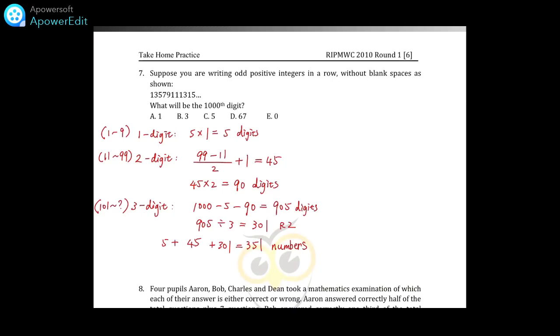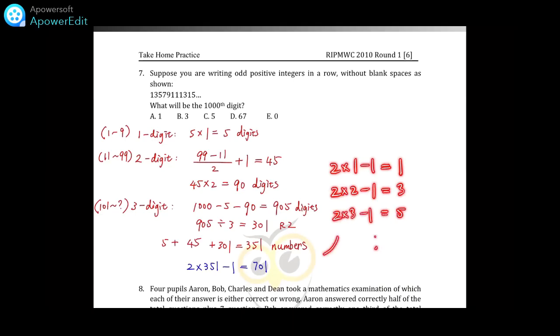So we can get the last number. The last number will be 2 times 351 minus 1. That's 701. Okay. So the first odd number is 2 times 1 minus 1 equals 1. Second odd number, 2 times 2 minus 1 equals 3. Third odd number, 2 times 3 minus 1 equals 5.